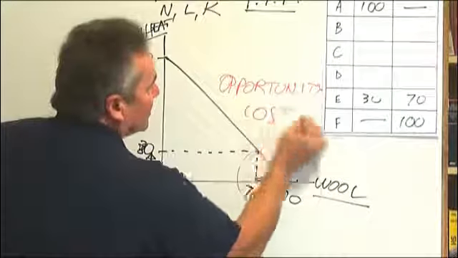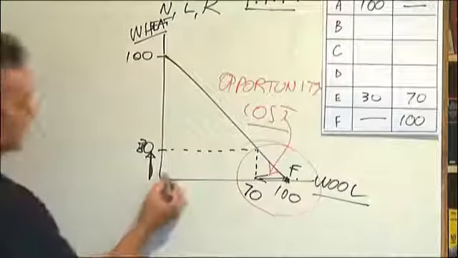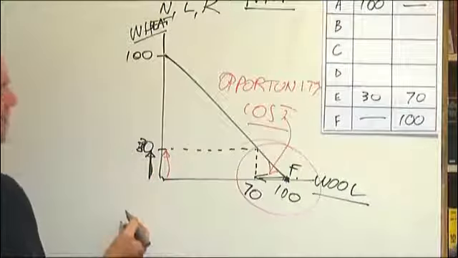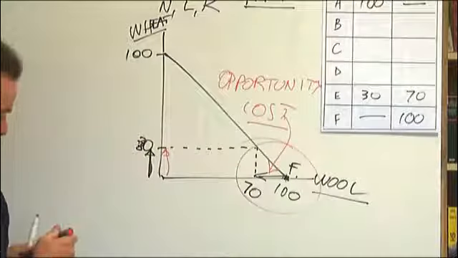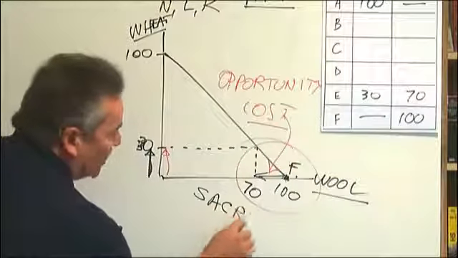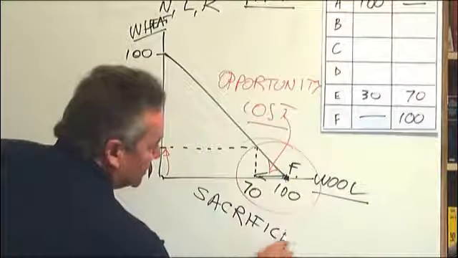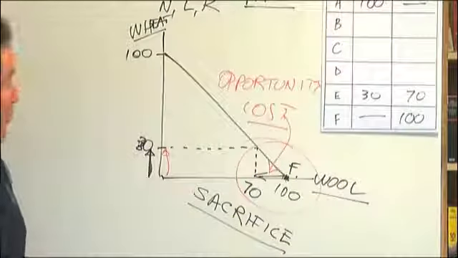It's the cost or the price we pay, if you like, in terms of expanding our production of one item at the expense of another. So the key word here, in fact, is sacrifice. It's what we're giving up, what we have chosen to forego in the way of potential production.